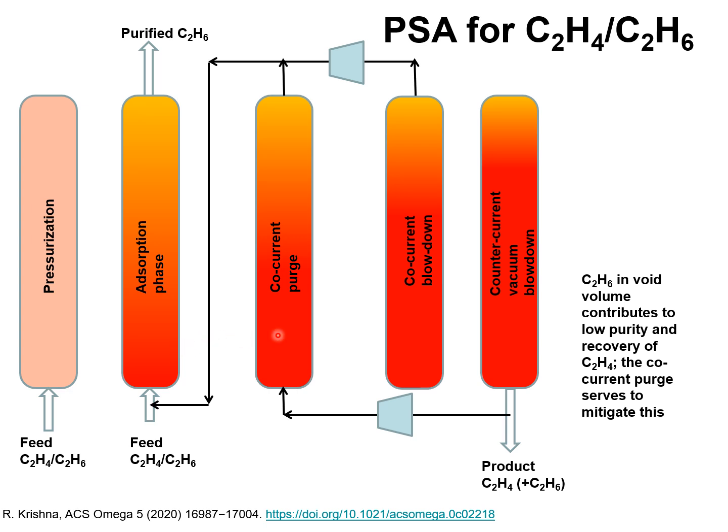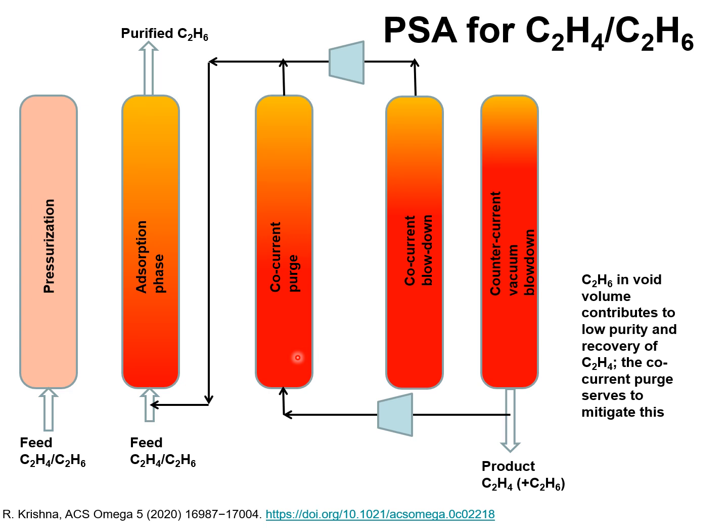This is followed by a co-current purge or co-current rinse step, in which a portion of the product ethene is used to purge the contents of the adsorbed phase, such that any residual ethane is desorbed, and that can be mixed along with the feed mixture and fed to the adsorption cycle.